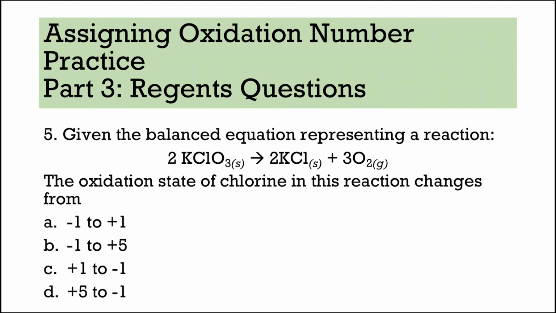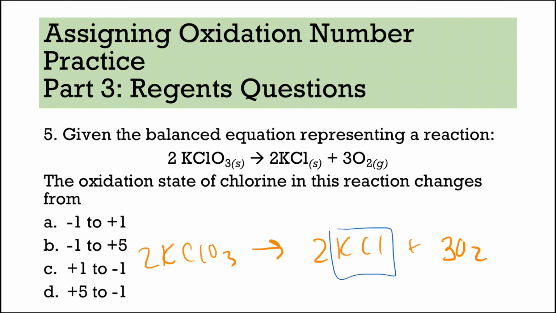Number 5 talks about how the oxidation state of chlorine changes. So if we write this over here, KClO3 gives 2 KCl plus 3 O2. I'm just going to walk through it the short way. Let's look at this compound first because it's smaller.